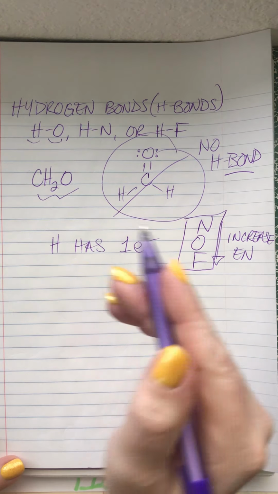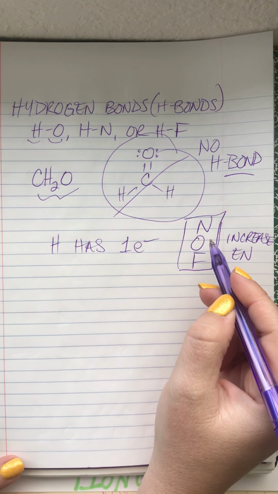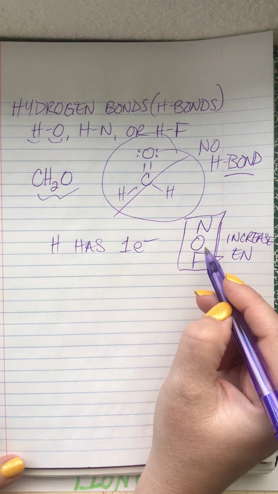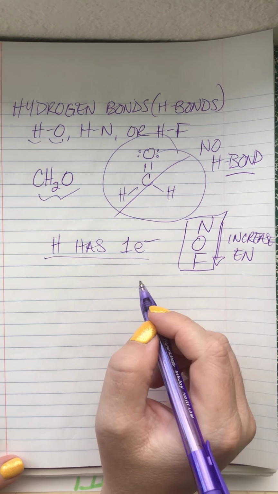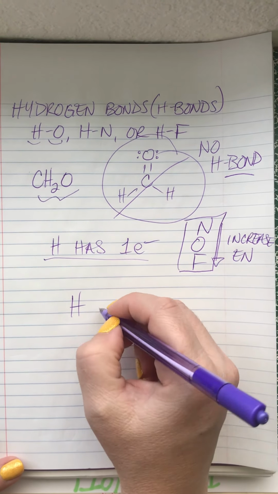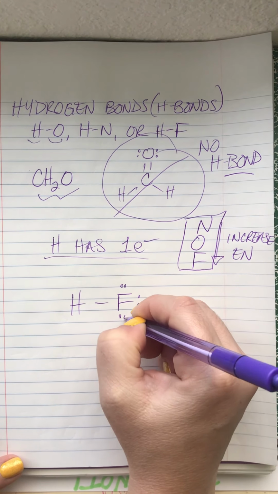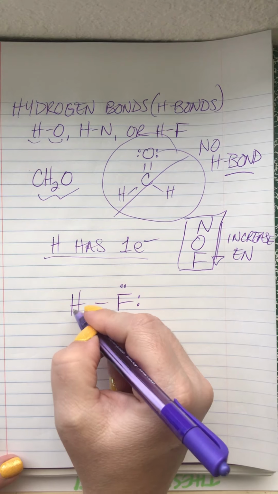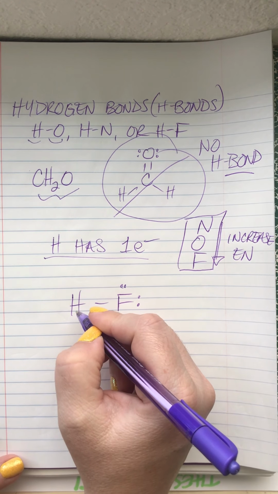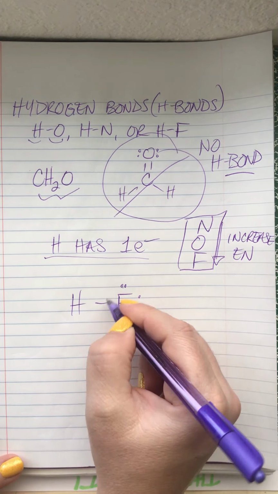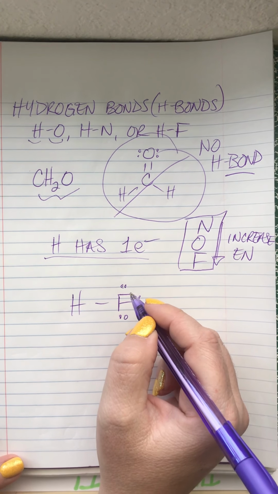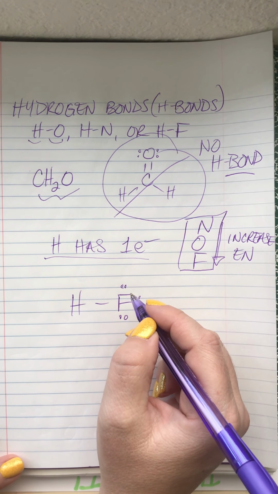So, if these guys are all extremely electronegative, and hydrogen only has one electron, then when we have these guys bonded together, we know that that one little electron that hydrogen came with is basically being completely owned by fluorine over here, right?